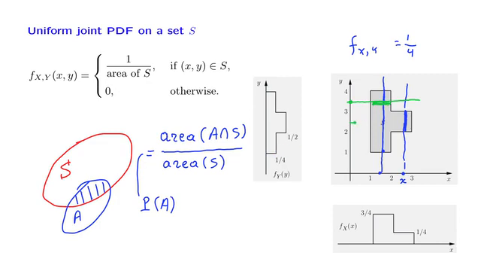But if we were to take a line somewhere here, we integrate a value of 1/4 over an interval of length 2, and so the result would be 1/2. So we have recovered from the joint PDF the marginal PDF of x and also the marginal PDF of y.